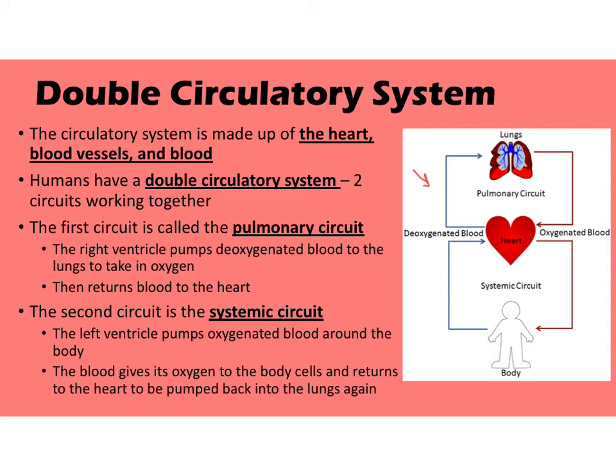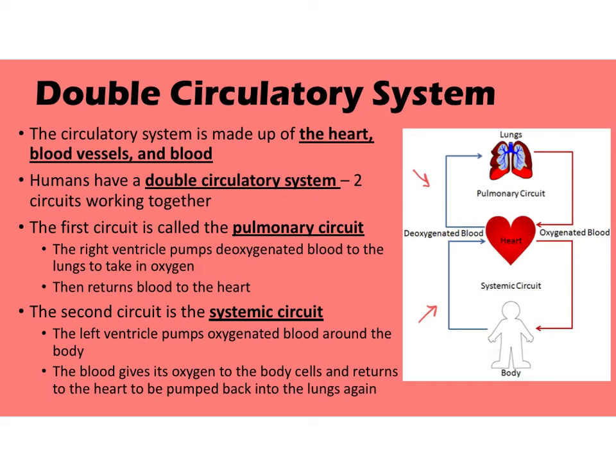And then our second circuit is the systemic circuit, which is this bottom one in the picture. The left ventricle pumps oxygenated blood around the body. The blood gives its oxygen to the body cells and returns to the heart to be pumped back into the lungs again.